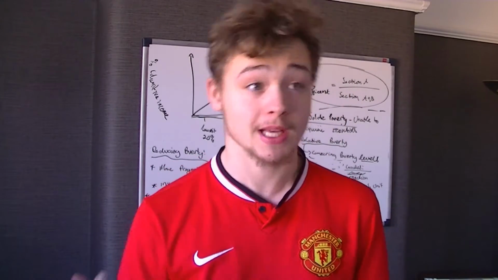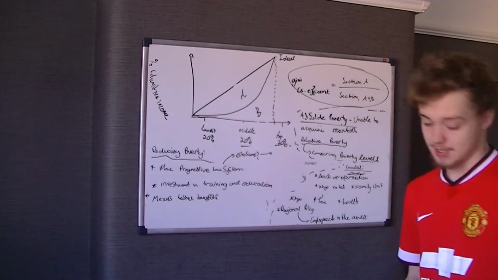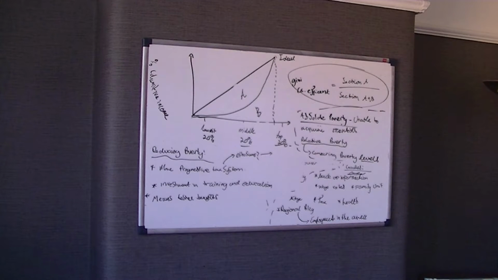So people on lower income are closer to the line of poverty, therefore we're going to be paying more out to them. So surely that's a good thing, if we're giving out more to the people who do deserve it. So means tested benefits reduce how close people are to being in poverty. Okay.